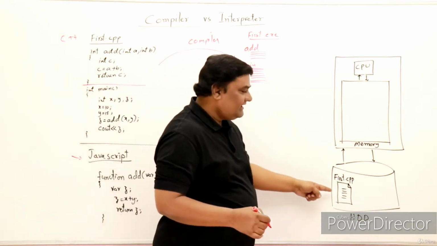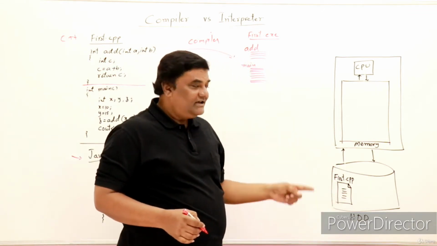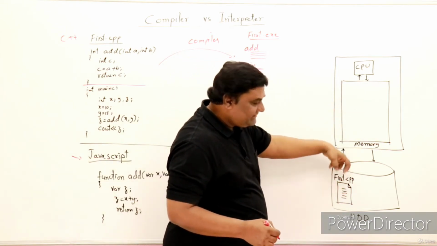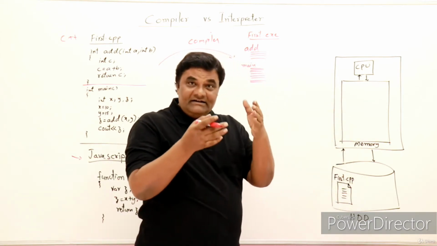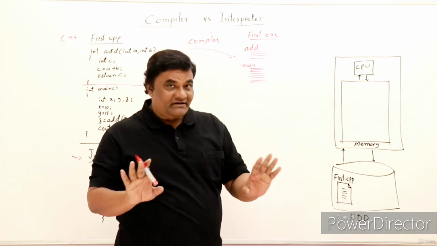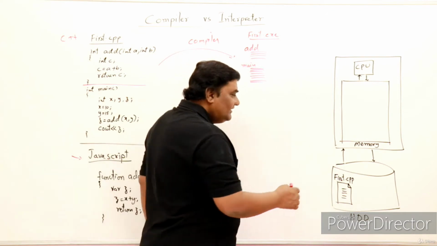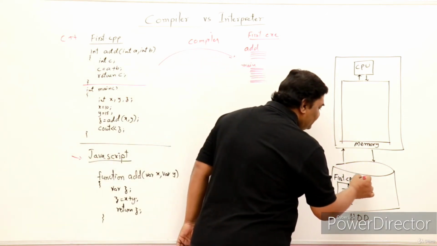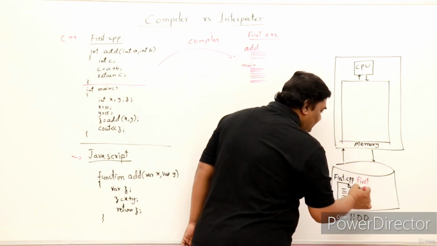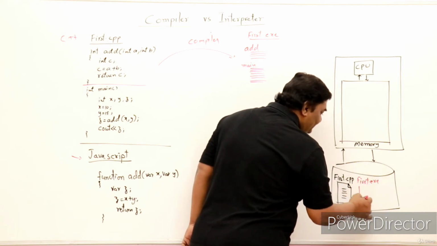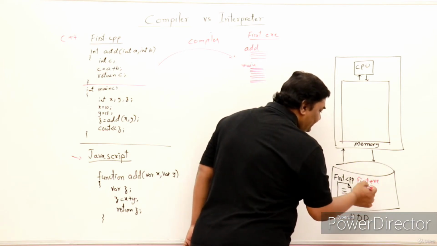Here on the hard disk, I have shown first.cpp, and if you call a compiler, the compiler will run in the memory and take this program file, understand it and check that there are no errors. If there are no errors, then it will generate a machine code file, that is first.exe, and save it on the hard disk. So you will get a separate file called first.exe.